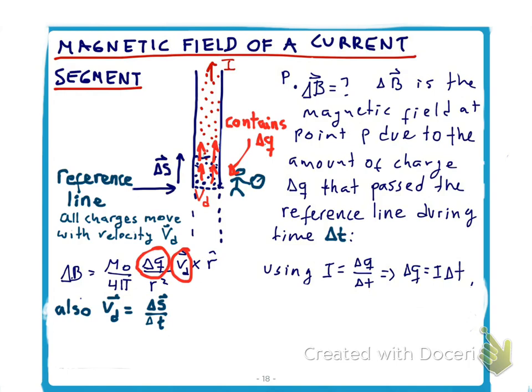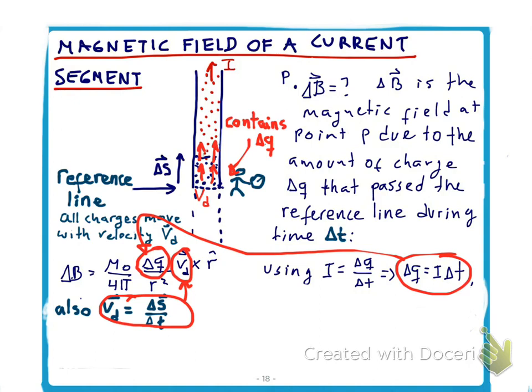So if we replace both of those, delta Q as the current multiplied by delta T, and we replace Vd, the drift velocity of the electrons, as delta S over delta T, we can write the delta B equation, substituting delta Q and substituting the drift velocity.